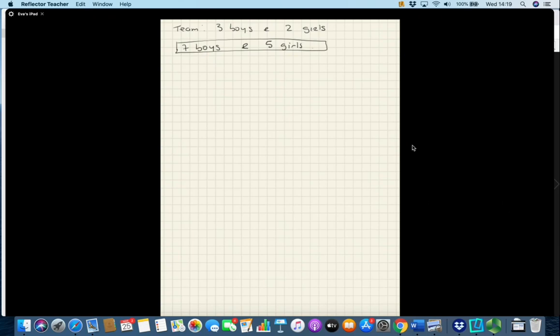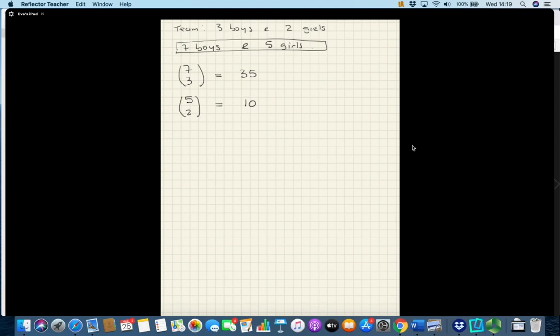Well, out of the 7 boys, I'd like to choose 3 of them for my team. So 7 choose 3, and you get 35. Then out of my 5 girls, I'd like to choose 2 of them, and I get 10 options for that.